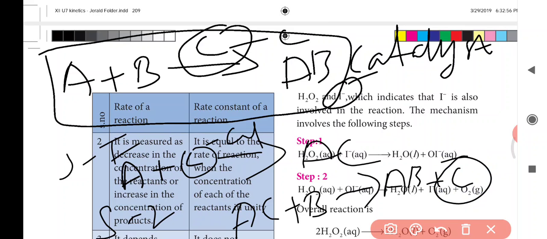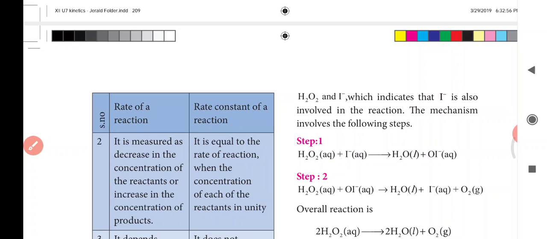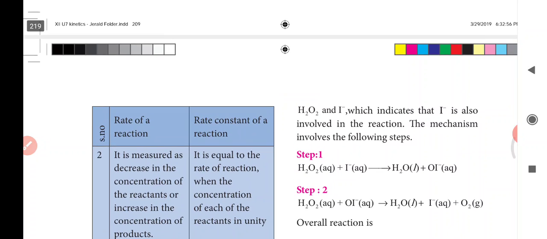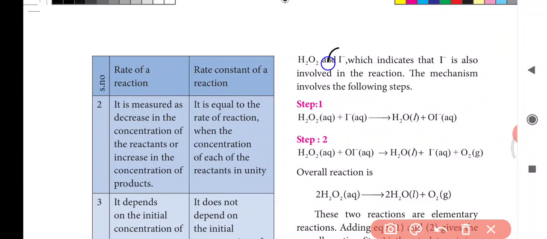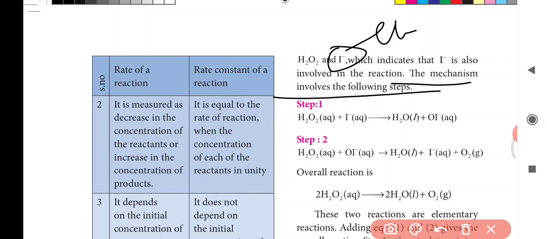Here the reaction involves H2O2 and I minus, which indicates that I minus, the catalyst, is also involved in the chemical reaction. The mechanism involves the following steps for the decomposition of H2O2.